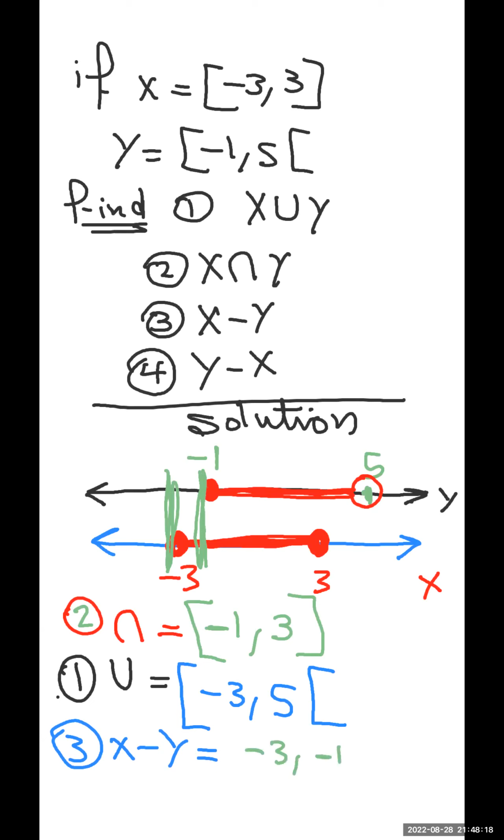Okay, get back to the number lines. -3, shaded or not? Shaded, closed. -1, opened. Why? Because it's not included. Why? Because it's not different. So listen carefully. It's a very important point. Why here it's not different? Because we have -1 here and here.